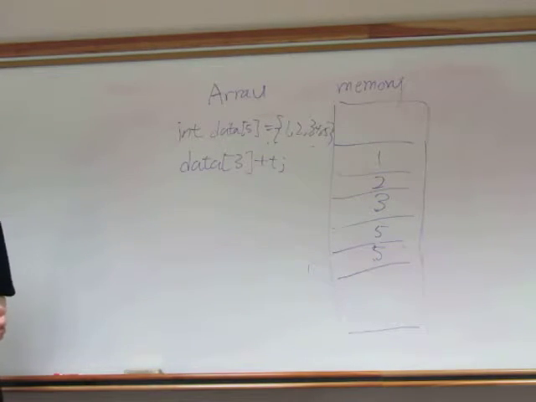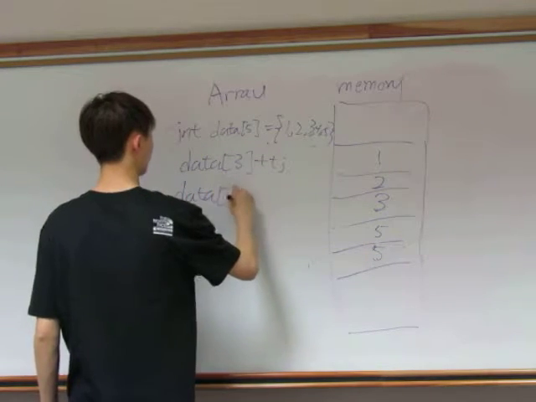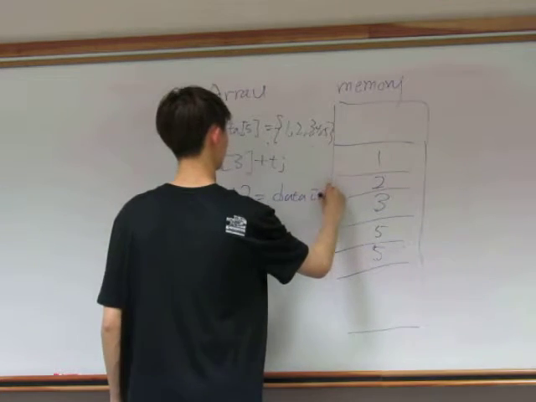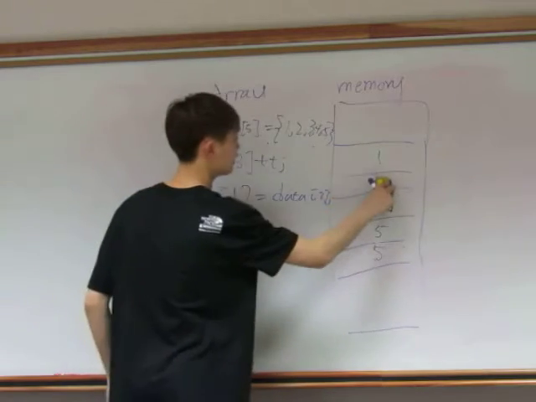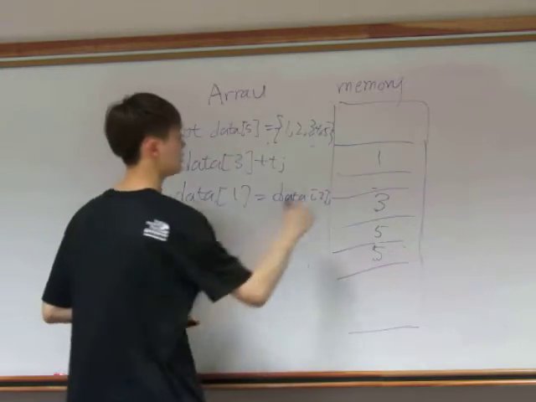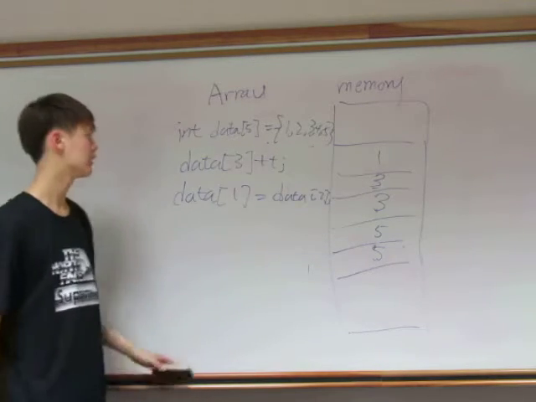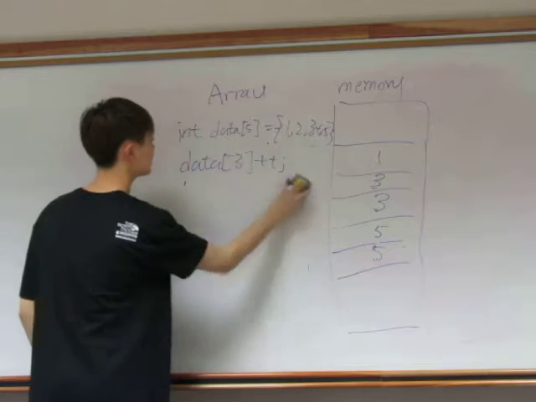You could also do maybe data[1] = data[2]. Then the second element would just be the third element's value. It becomes 1, 3, 3. That's how you play around with the elements.